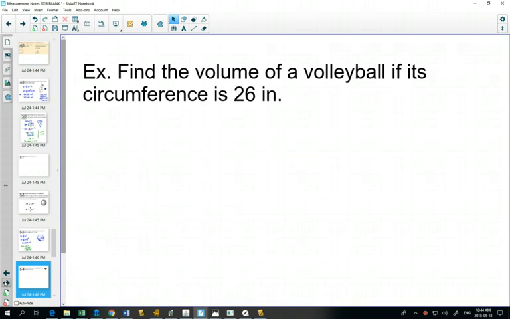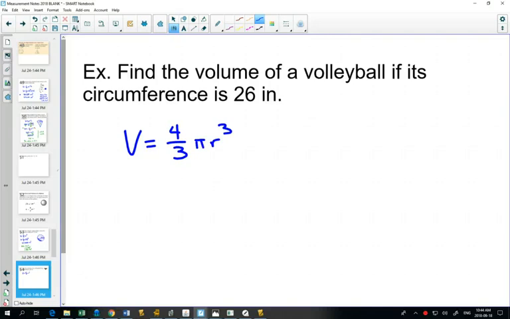Find the volume of a volleyball if its circumference is 26 inches. So I want to find volume, so it might be that the first thing you do is write out your volume formula. 4/3 pi r cubed. And to find the volume, the only thing I need is a radius. But that's where this question's a little bit more complicated, because did the question tell us the radius?